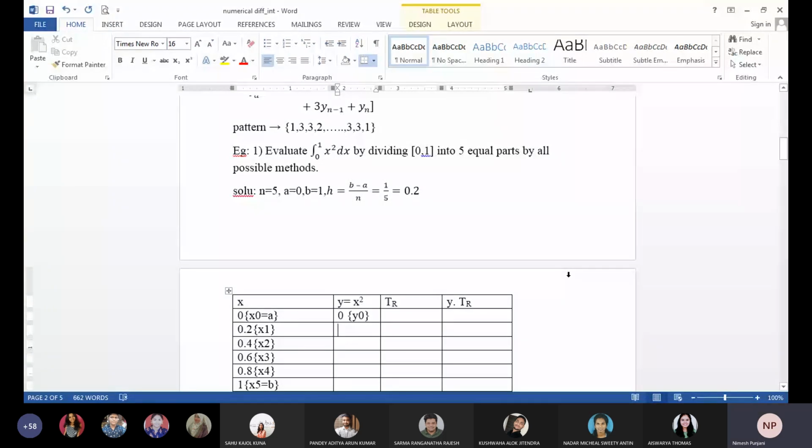If my x is 0.2, what will be my y? 0.04. This 0.04 is my y1.